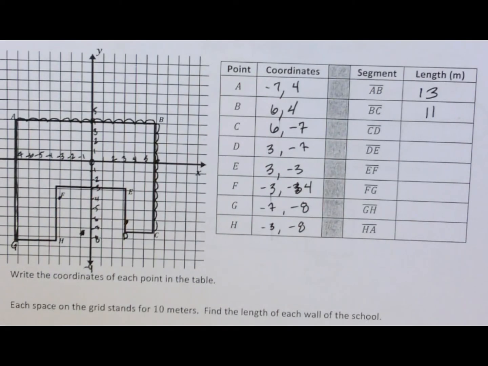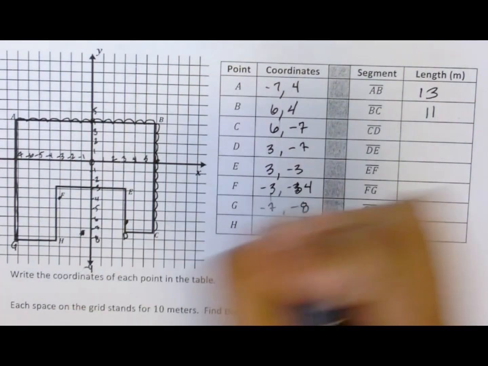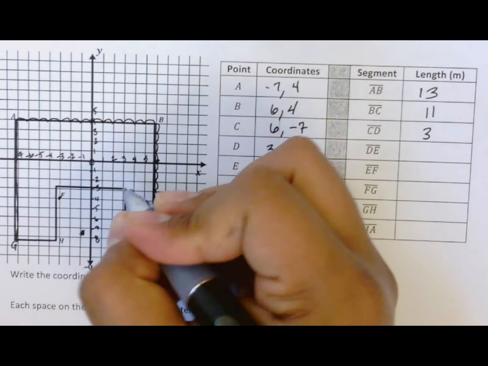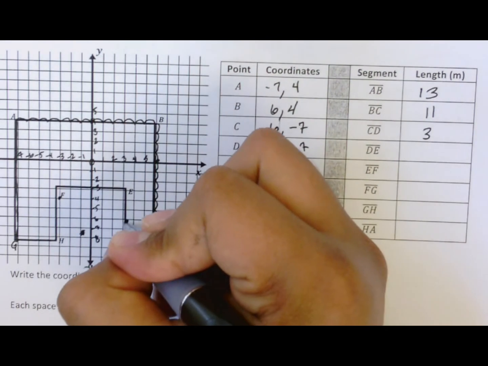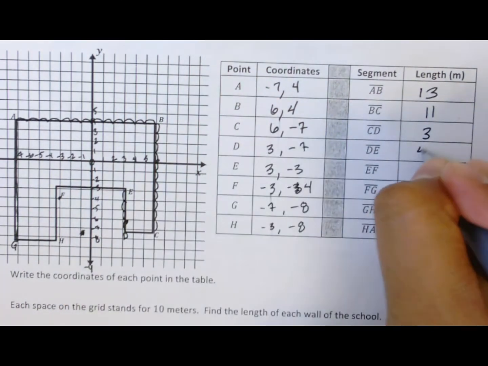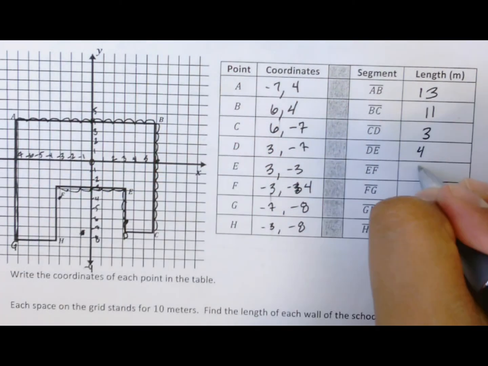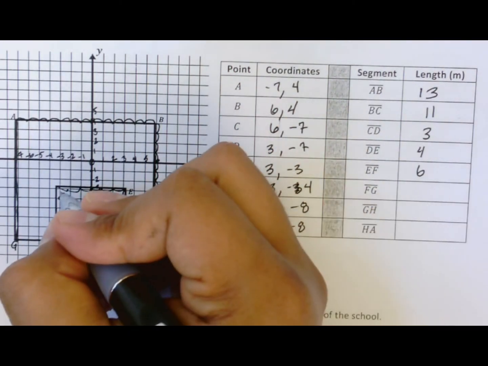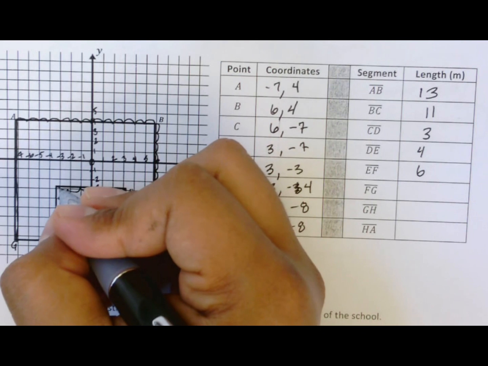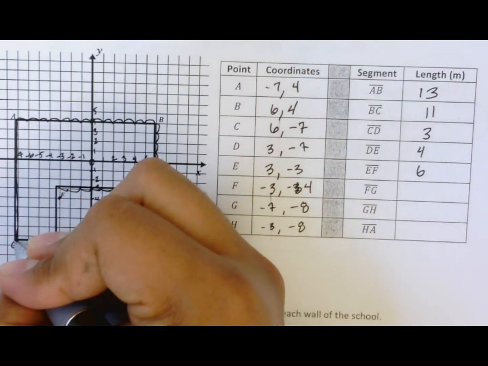11. Anyone else get 11? All right. C to D. D to E. E to F. F to G. Did you guys go this way?